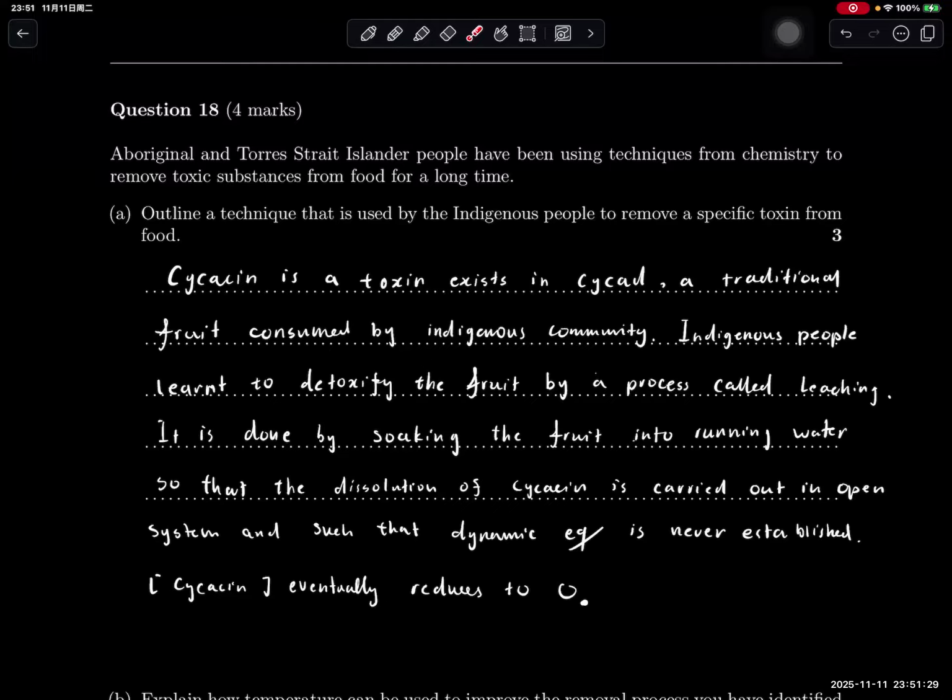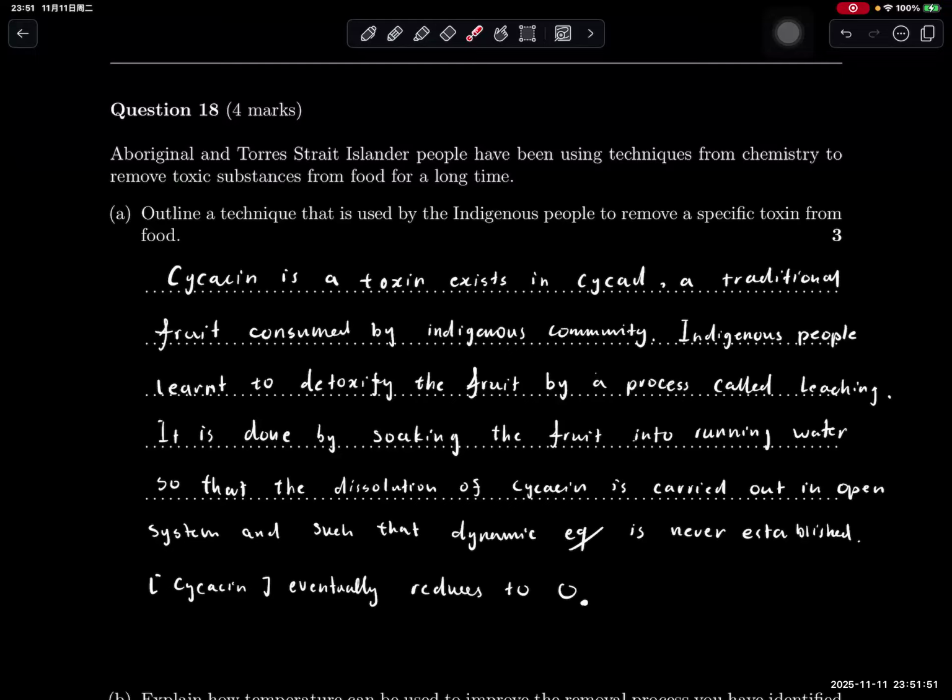Indigenous people learned to detoxify it with several different methods. In Year 11 we learned thermal decomposition. Now we use another technique called leaching. They soak the fruit in running water, which satisfies the requirement for an open system.